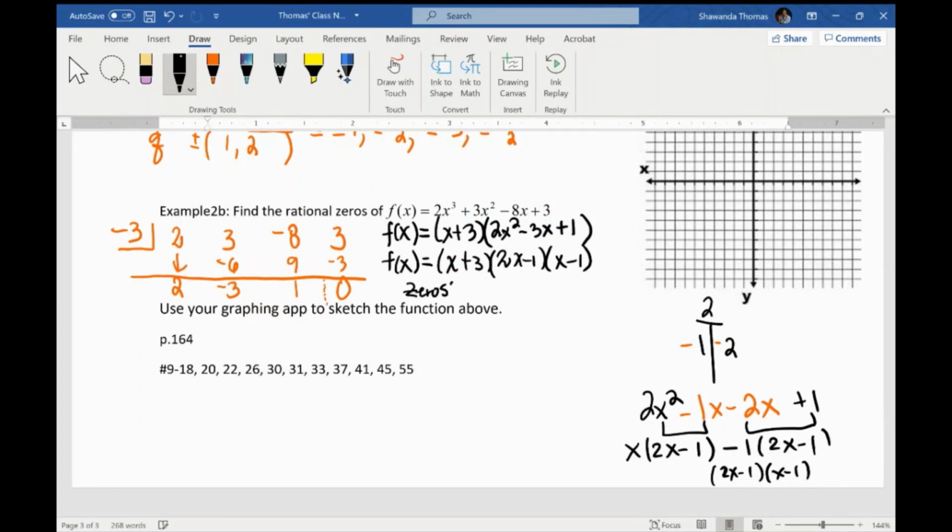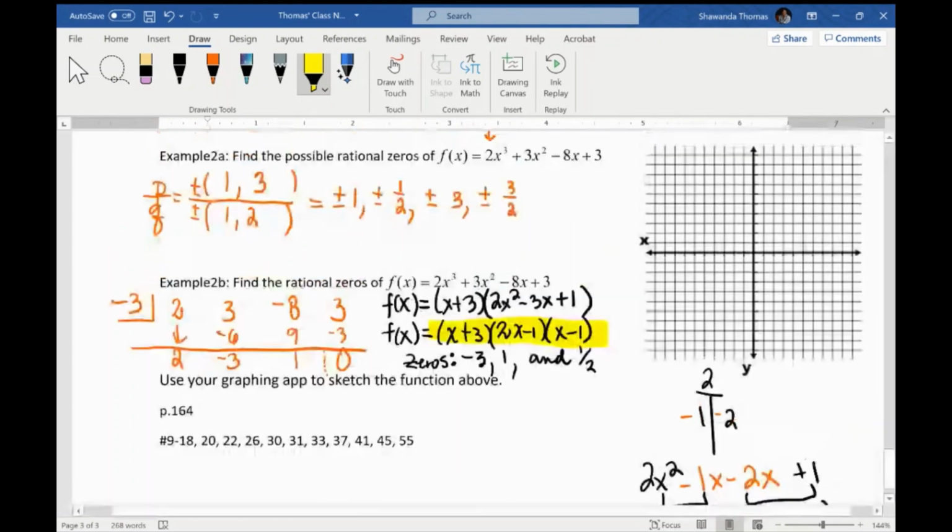You would say what? -3, positive 1, and 1/2. All right, again, you're just setting these factors to 0 and solving for x.